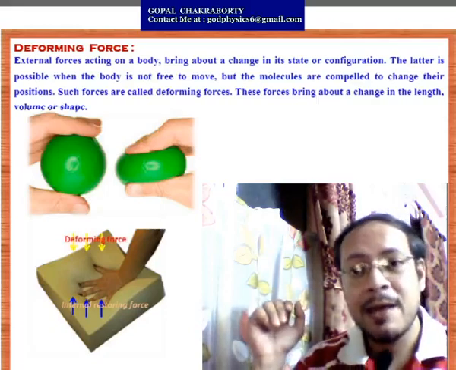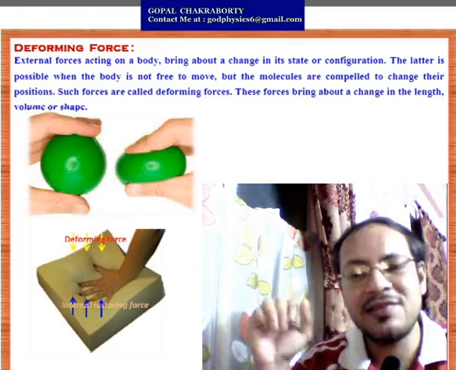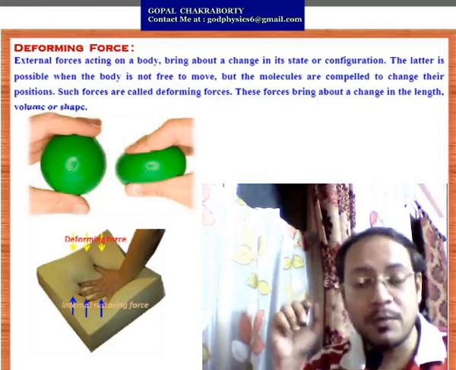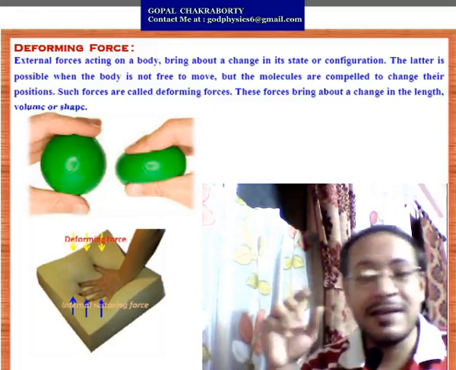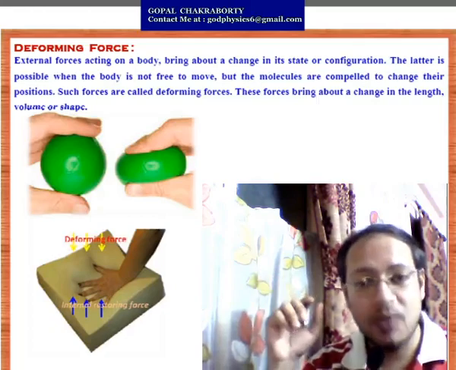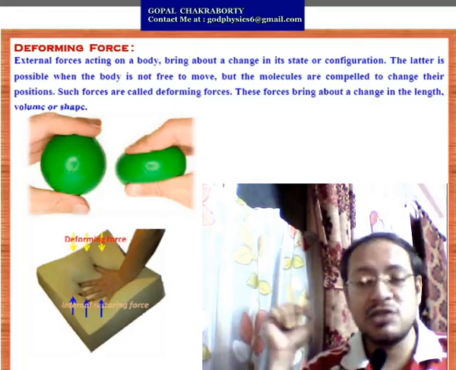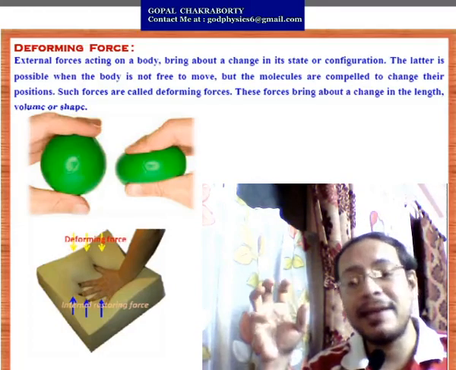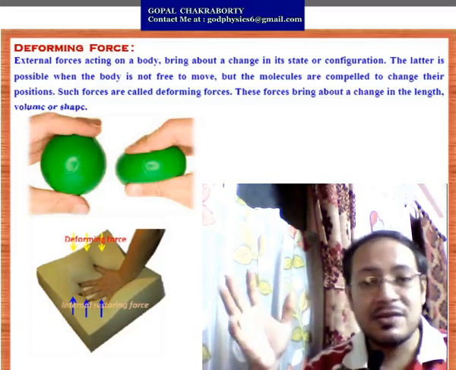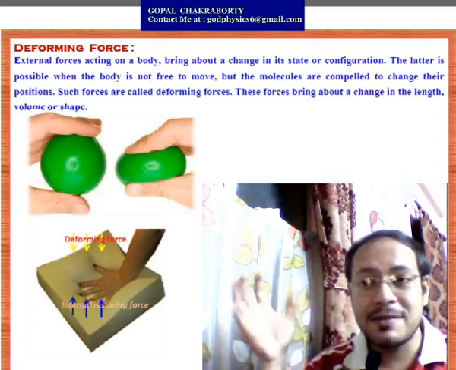But if it is not free to move, what will happen? It tries to change its shape, size, length, and volume by reconfiguring the positions of its internal molecules. So the force by which you make the body deformed in size and shape is called the deforming force, or some external force.